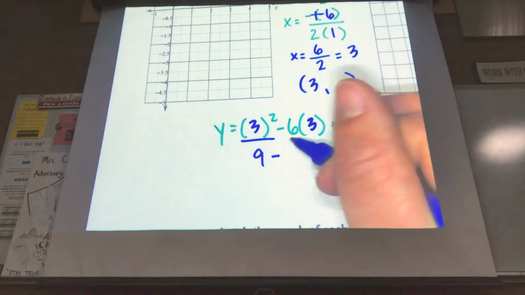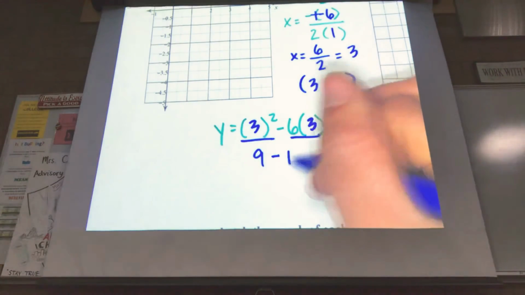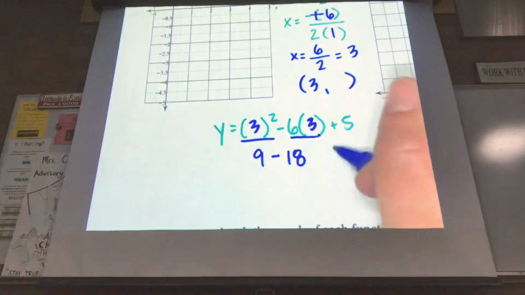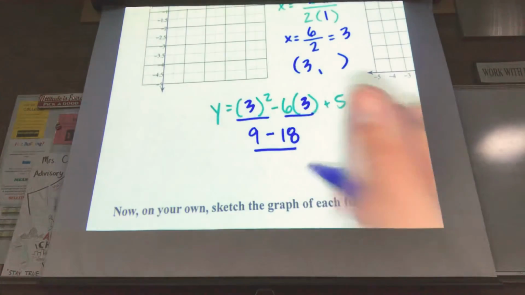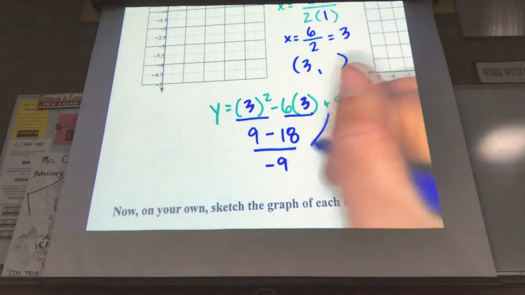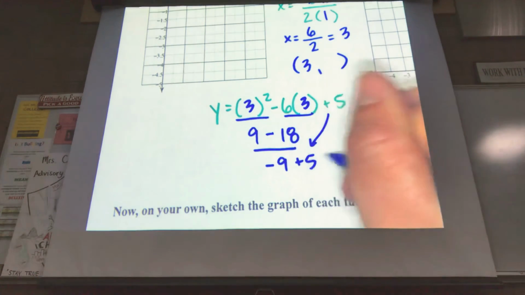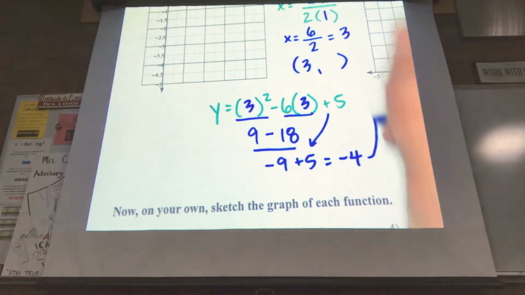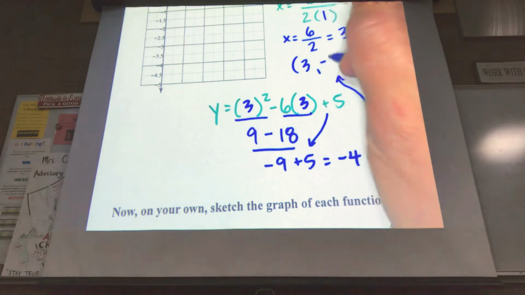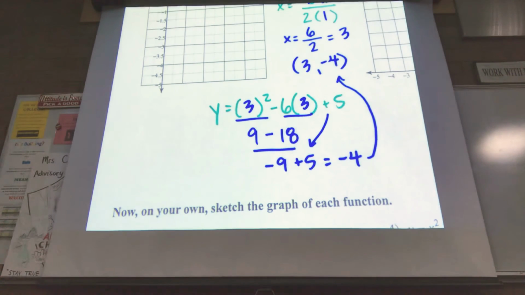Minus 6 times 3 is 18. We'll solve that before we get to the 5. 9 minus 18 gives us negative 9. Then I bring down my plus 5. Negative 9 plus 5 gives me negative 4. So the y part of my vertex is negative 4.